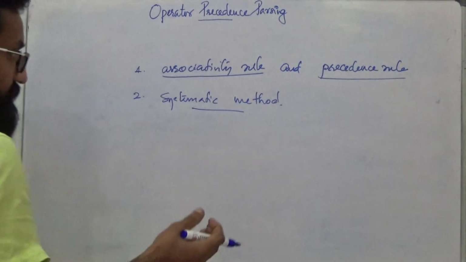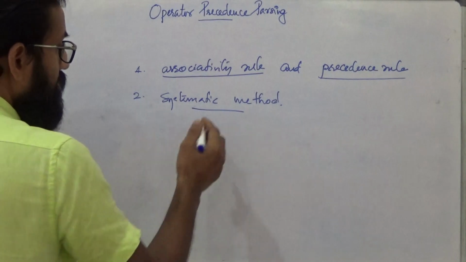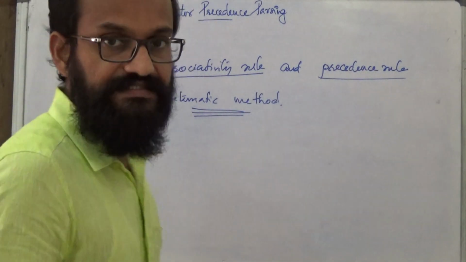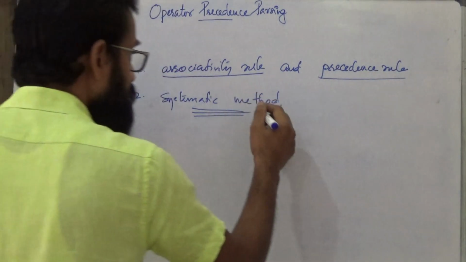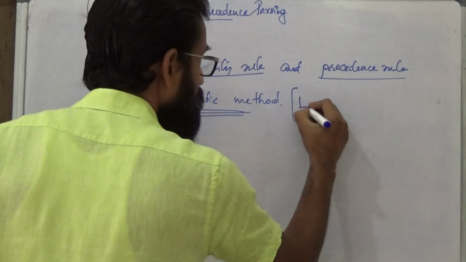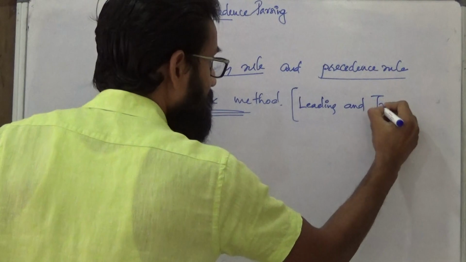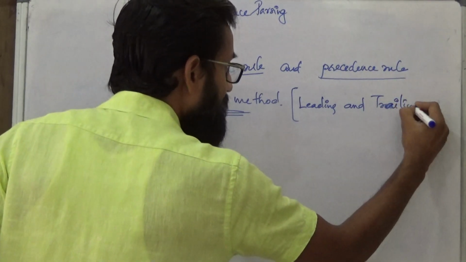After obtaining an unambiguous grammar, you can use a systematic method to determine the precedence relationship between every pair of terminal symbols, and that actually involves computation of leading and trailing.